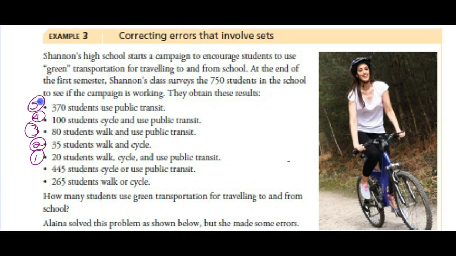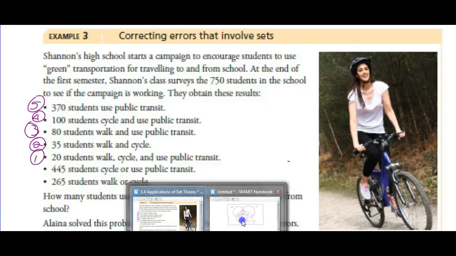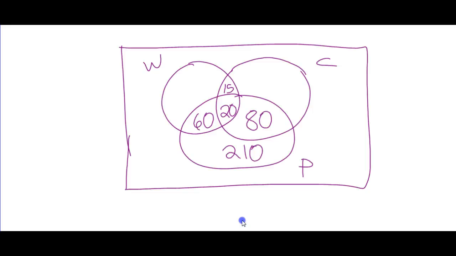445 students cycle or use public transit. So that means this, and this have to add up to 445. Cycle or use public transit means it's in the cycle circle or the public transit circle or both.